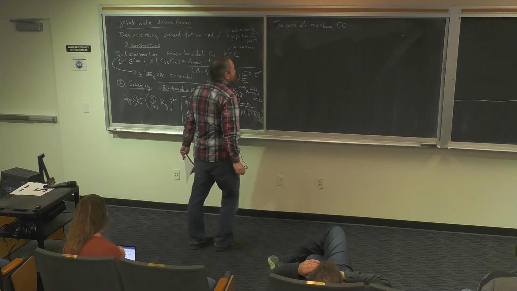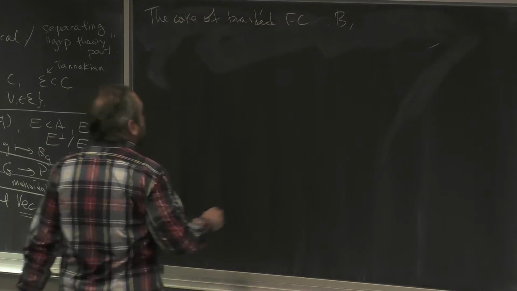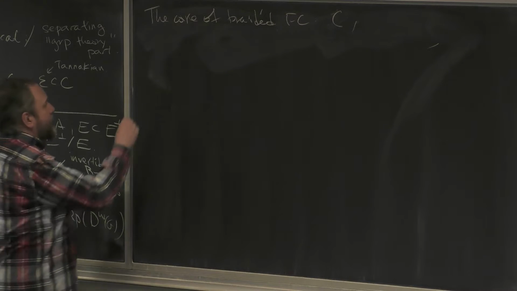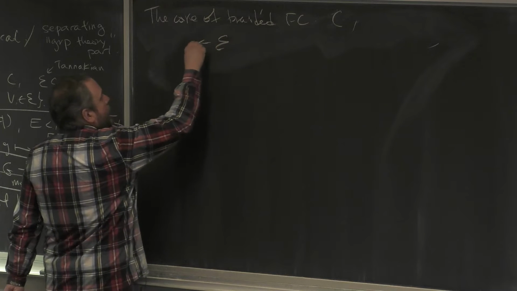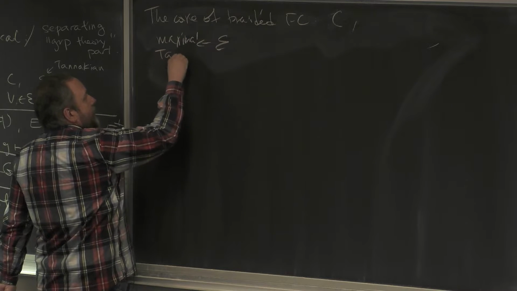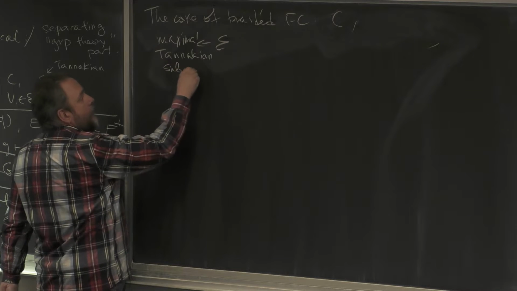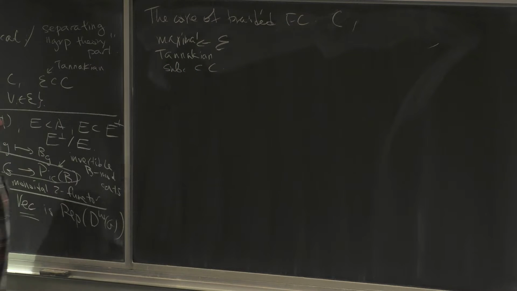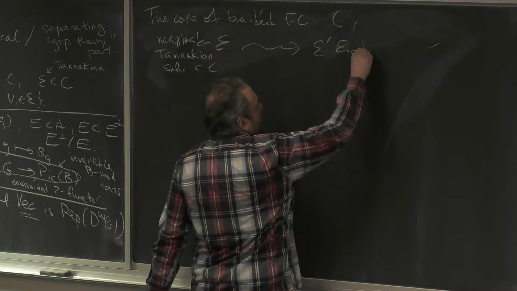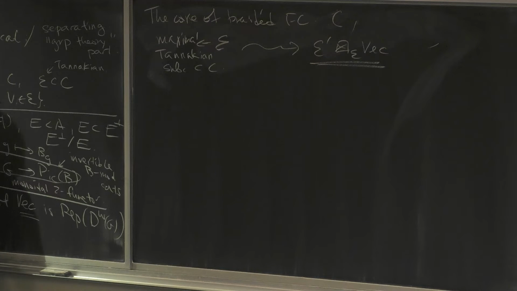So what one does, let's call it B. No, I called it C before, so maybe I should stick to C. What one does, one takes E to be a maximal Tannakian subcategory of C, and does this localization. Then the resulting category doesn't depend on the choice of E.